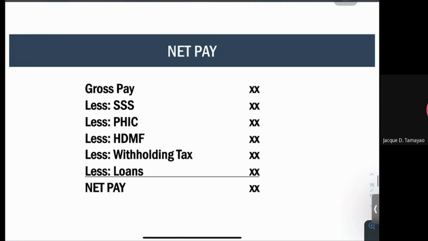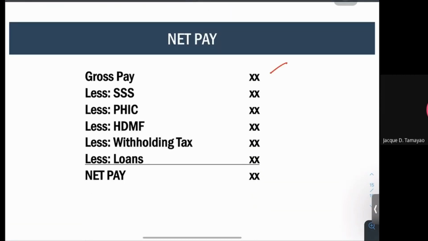Gross pay consists of your basic pay plus any premium pay, less your SSS, PhilHealth, HDMF, withholding tax, and your loans. Loans apply if there are employee loans, which are directly deducted from the pay of the employee, so you must deduct that to arrive at our net pay.